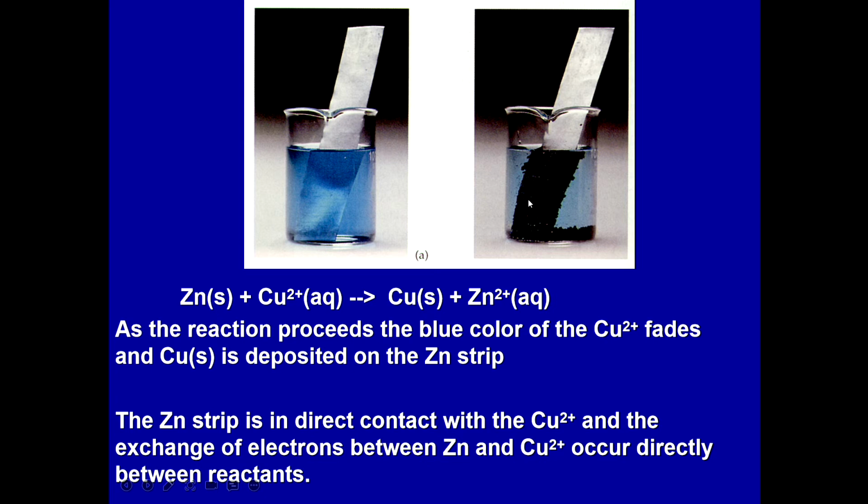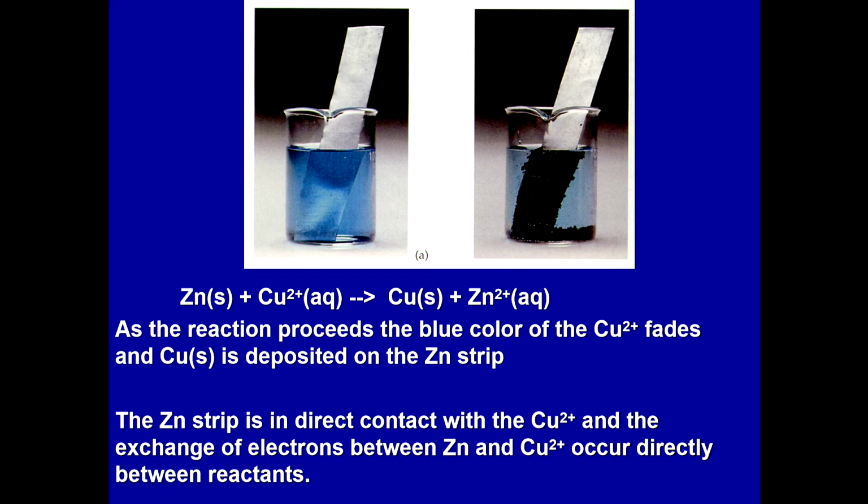And the copper cation in solution will become copper solid, so the blue color of the copper ion fades. And some zinc cations are produced in the solution.